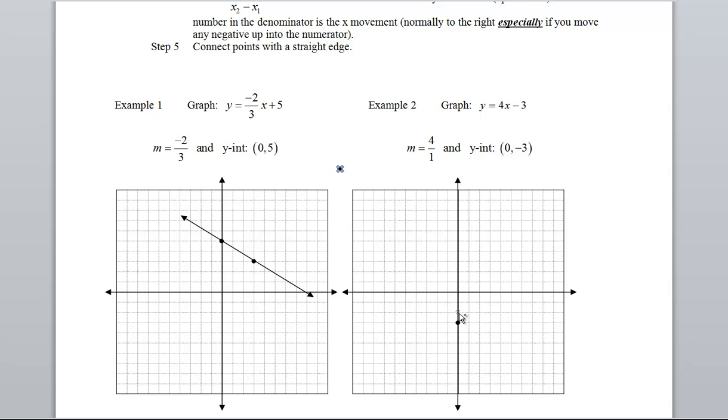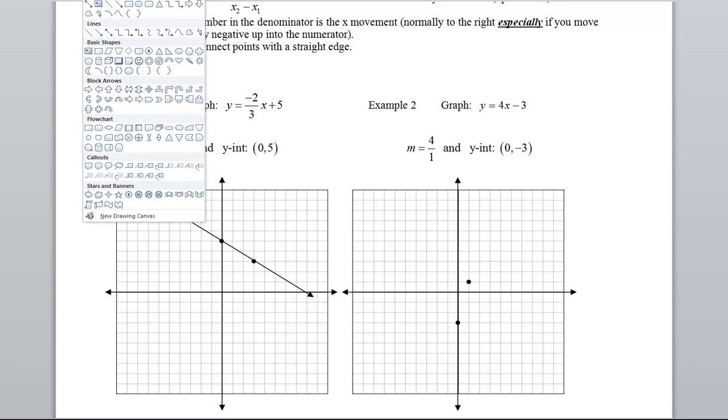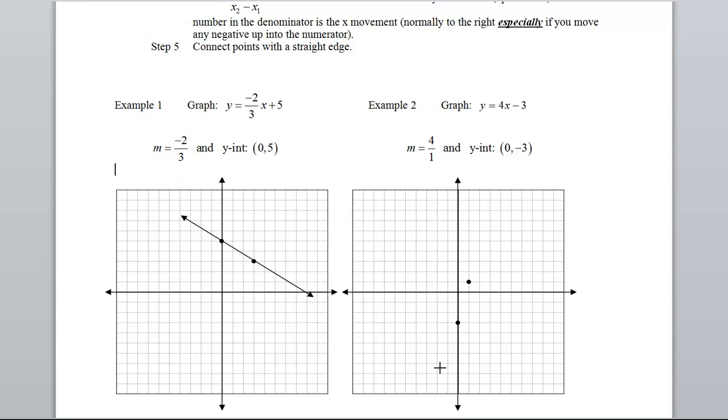So from the point, up 1, 2, 3, 4, and right 1. Okay, so now I've got my points. Now let me connect these with my straight line. There. That's not bad at all.